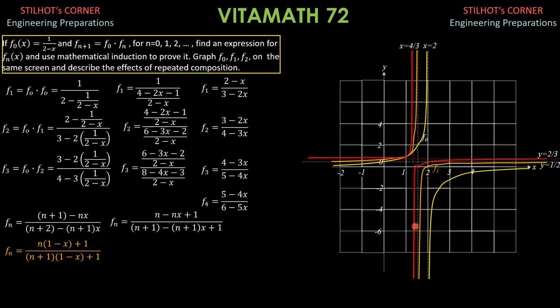This red here, and this is F2. So x equals 4/3, and that's F2, the red curve. And the asymptote is y equals 3/4. So if we plot F3, the vertical asymptote would be 5/4.